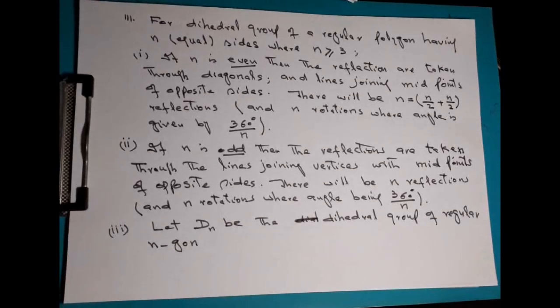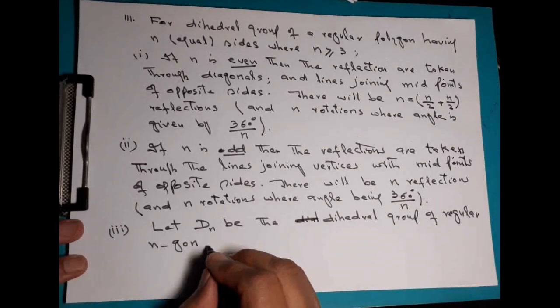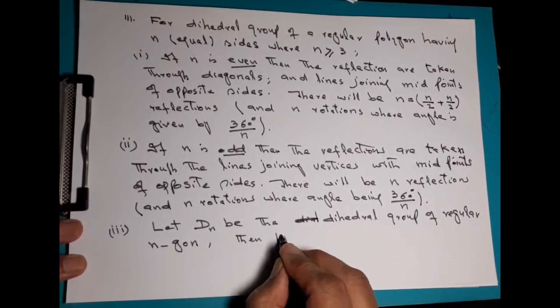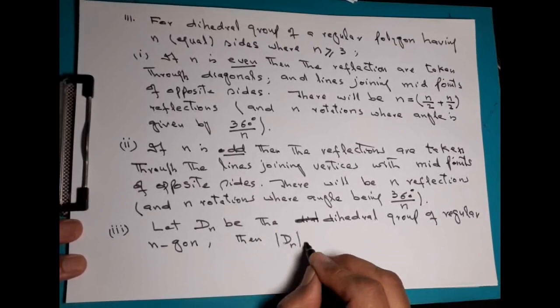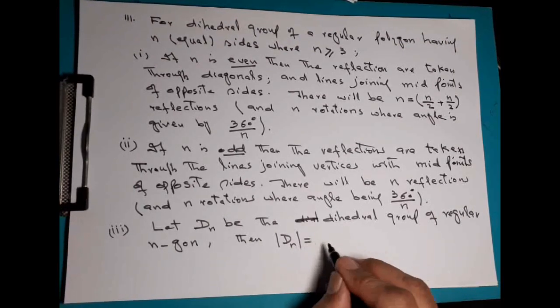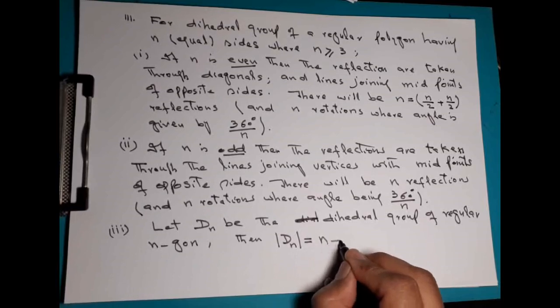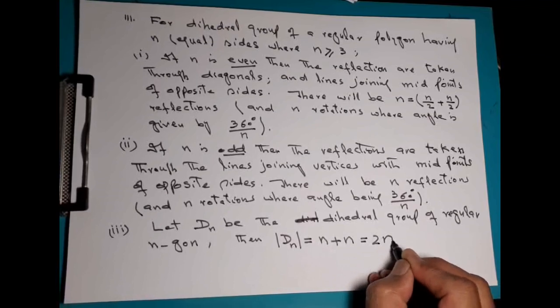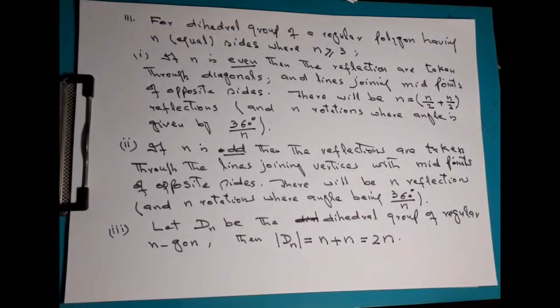So let Dn be the dihedral group of regular n-gon, then the order of Dn, the number of elements in Dn, is equal to n rotations plus n reflections, and this is equal to 2 times n. So this becomes the formula for the order of a dihedral group. So this was about dihedral groups, or in fact this was revision as we had done in our previous session.